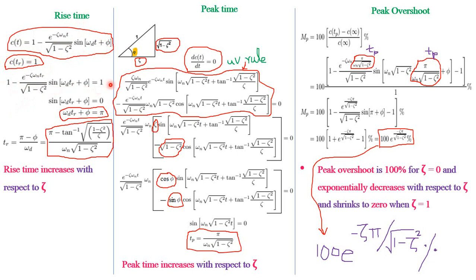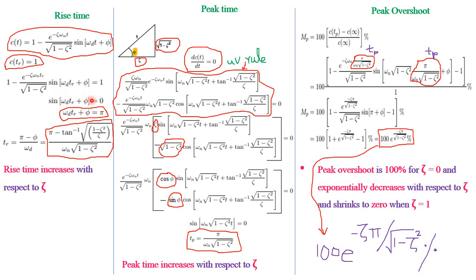So if this 1 is brought over, 1 minus 1 is 0. Therefore, this exponential term cannot be 0, because it can be 0 only at t r equal to infinity. We are finding the expression for t r, therefore this term cannot be 0. The only possibility is that the sine term is 0.